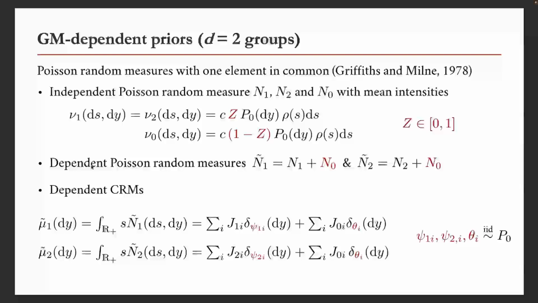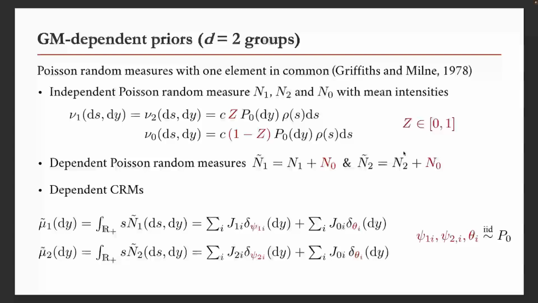And they envisioned this construction for which they proved that two Poisson random measures are dependent if they can be represented as the sum of Poisson random measures that consist of an idiosyncratic part here, N1 and N2, and a common one, N0, with the corresponding Levy intensities depending on this random variable z, which is between 0 and 1.